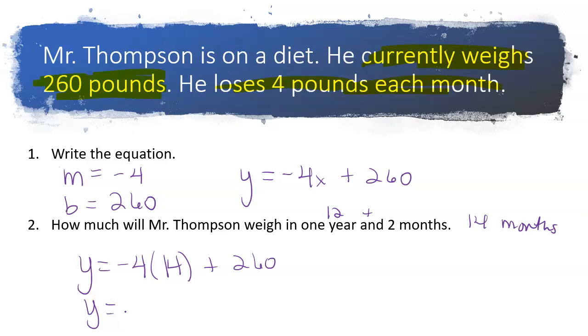So -4 times 14. -4 times 10 is -40, 4 times 4 is 16, so that should be -56. I'll pull out my calculator just to make sure. Yep. So -56 plus 260. In a year and 2 months, he will weigh 204 pounds.